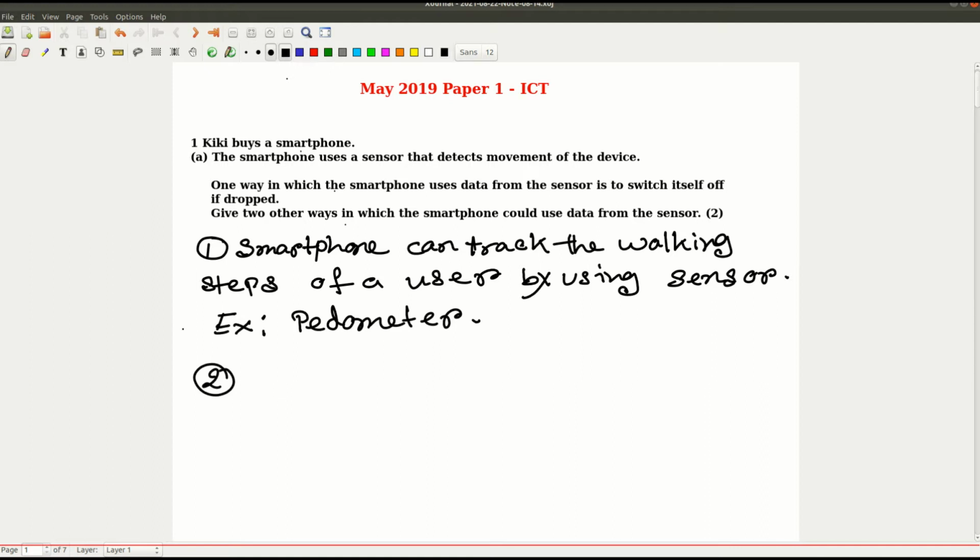So it also works as a compass. Compass, where the sensor is getting data from GPS.